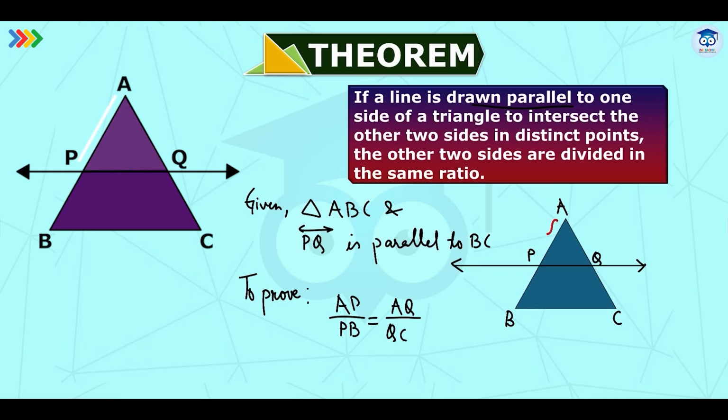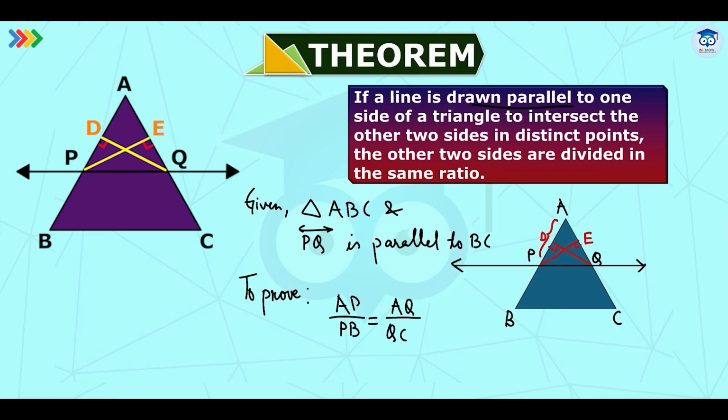Suppose this is the base, we will have an altitude like this. This is the altitude to this side, and suppose this is D. And again on this side also we will construct an altitude, which is E.